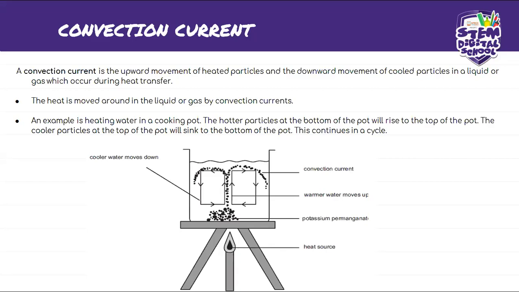Because potassium permanganate is purple in color, you are able to see the movement of the particles. The warm water close to the source of heat will rise up and turn, then the cold water goes down, the warm water goes up, the cold water comes down. So this movement is called what? Convection current, as illustrated there.